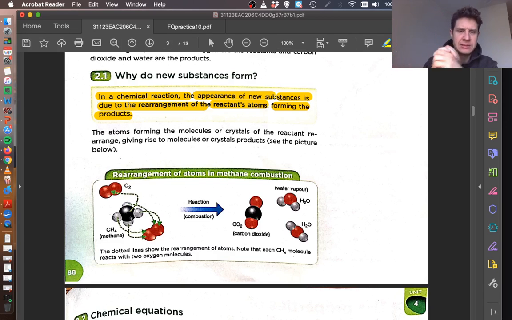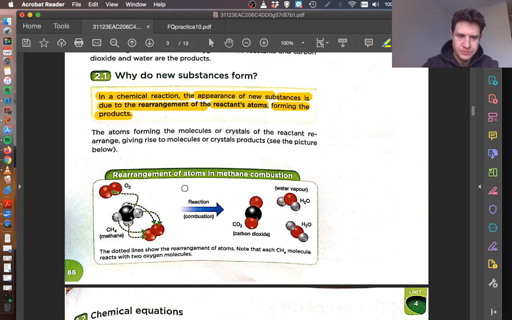Yes, and heat is generated. Yes, it's exothermic. So this heat is used for heaters, or the hot water when you have a shower with hot water.